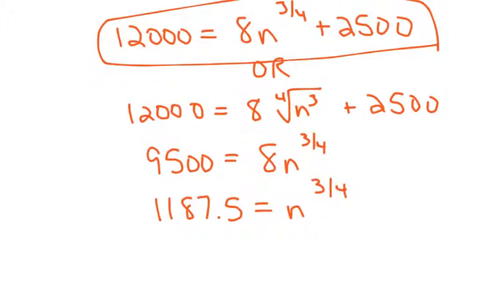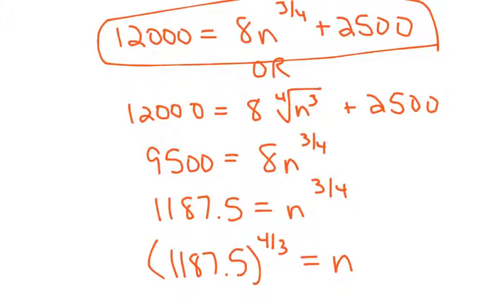And then to get rid of an exponent of n to the 3/4, the easiest thing to do is raise the other side of the equation to the reciprocal of that exponent. The reason we raise to the reciprocal is because what do reciprocals do to each other when you multiply them? They become 1. So I really want this side of the equation to say n to the 1st.